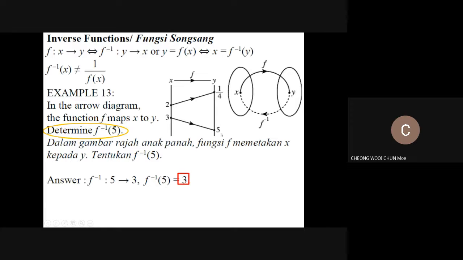This is inverse f from 5 becomes answer 3. Just now if f(x), you get the object 3, image is 5. So if inverse the other way around, from the image, the object becomes the answer. So the answer is 3. Just follow this map.